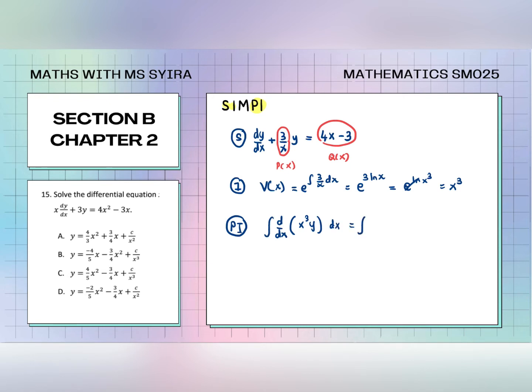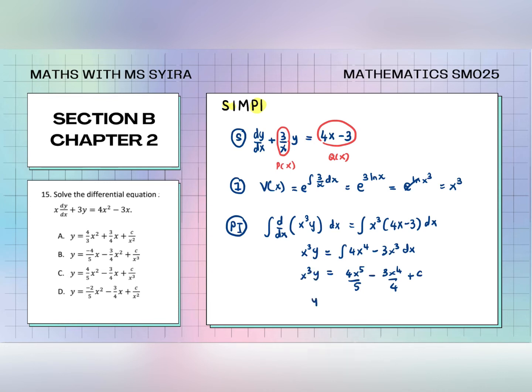So, integrate x cube yang didarabkan dengan 4x minus 3. So, ini automatic dapat x cube y. And here kita ada integrate 4x to the power of 4 minus 3x cube. Okay. And then integrate 4x power of 4 will be 4x to the power of 5 over 5 minus 3x to the power of 4 over 4 plus c.